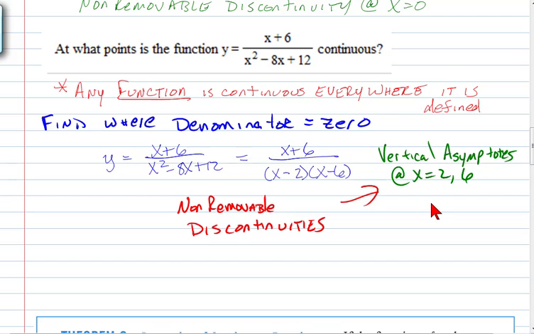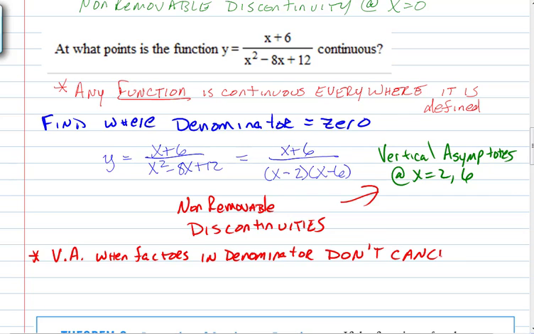Okay? Do you remember how to tell when you have a hole in the graph of a rational function? We have vertical asymptotes when the factors in the denominator don't cancel with the factors in the numerator.